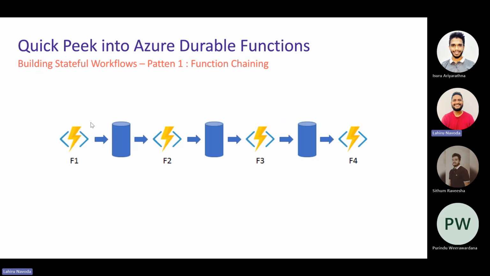Function one is executed first, and then the subsequent functions F2, F3, and F4 execute. For example, F2 is executed right after the execution of F1, and F3 is executed right after F2. It's a sequential execution, so this pattern is known as function chaining.